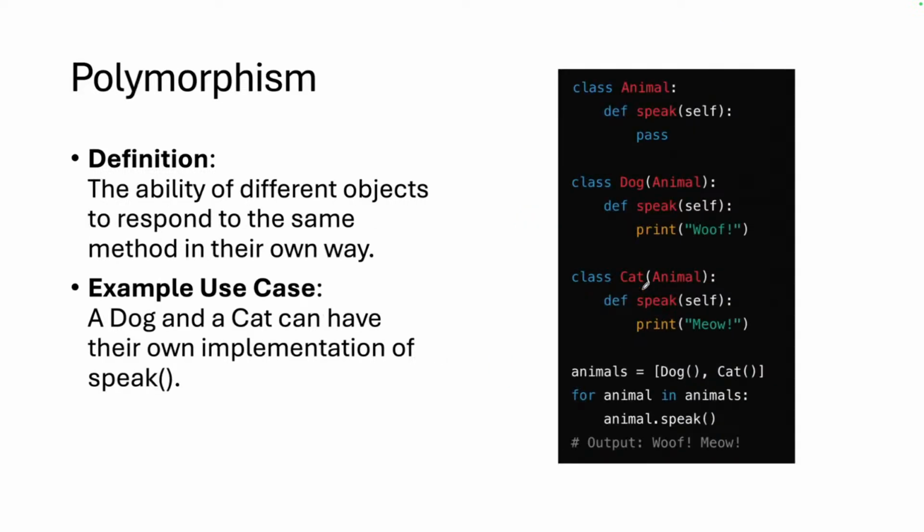You're tracking 100%. Okay, the third concept, if I was learning object-oriented programming advanced all over again, is polymorphism, which is the ability of different objects to respond to the same method in their own way.